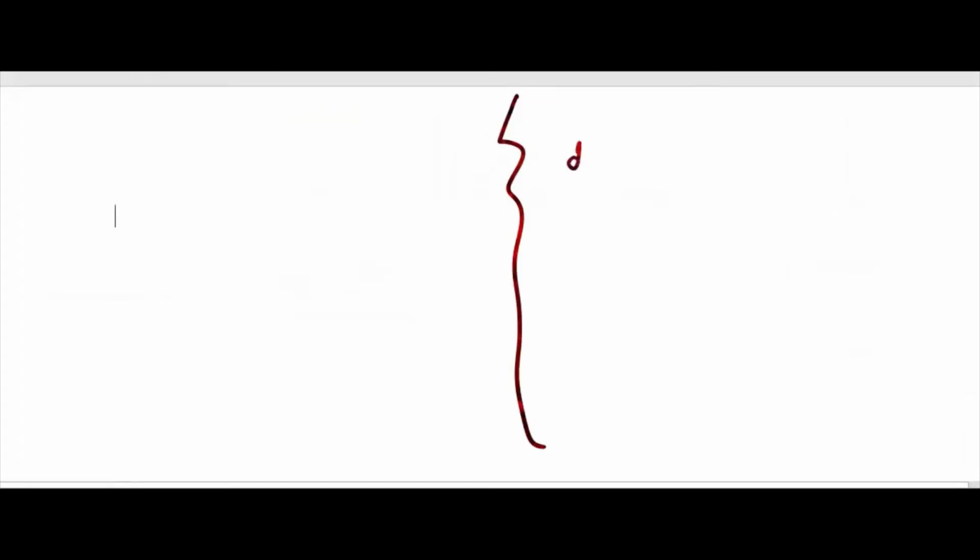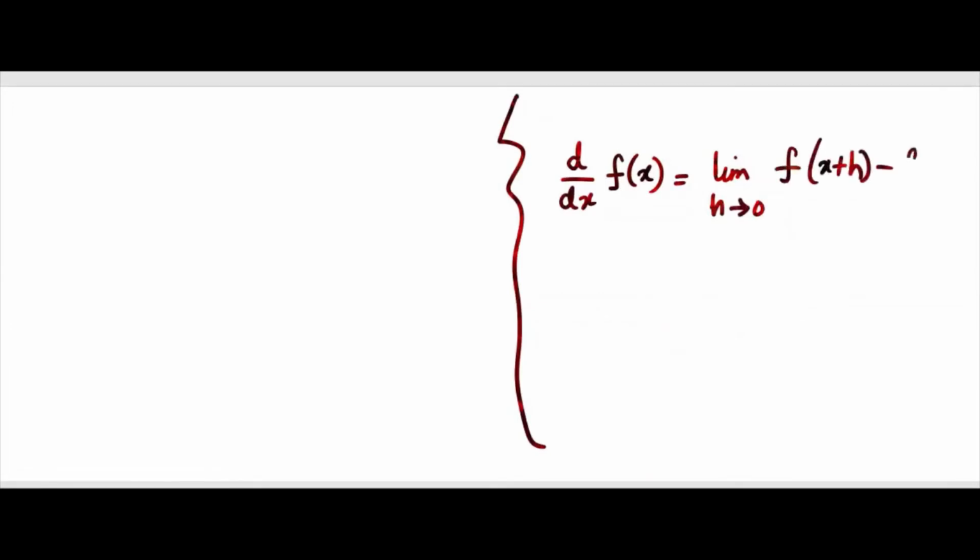So remember, this is very important. d upon dx of f(x), when we write, this is actually the limit as h tends to 0 of f(x plus h) minus f(x) divided by h.